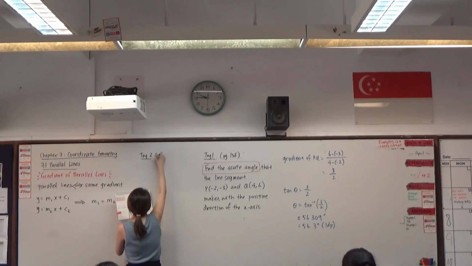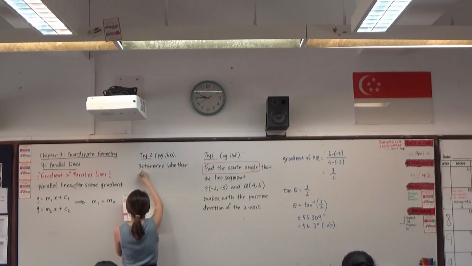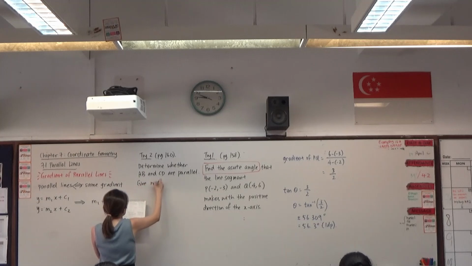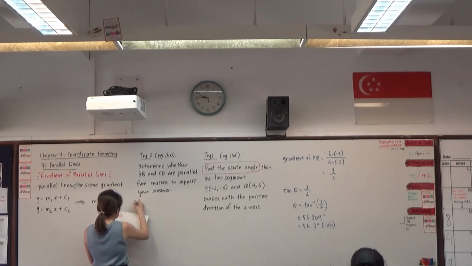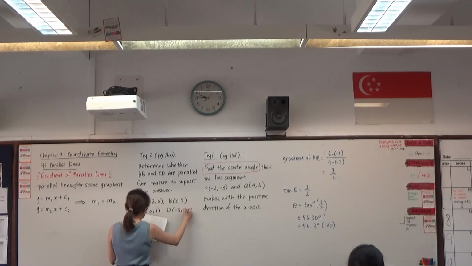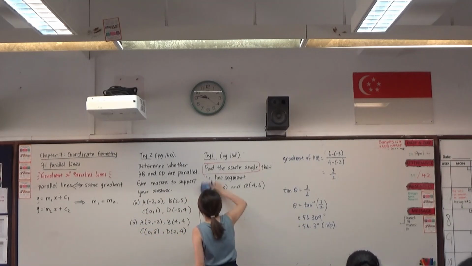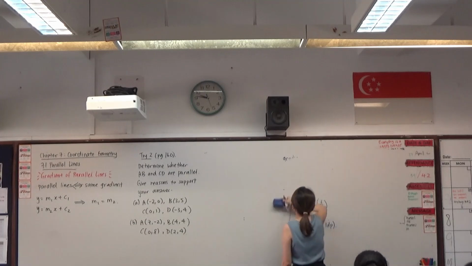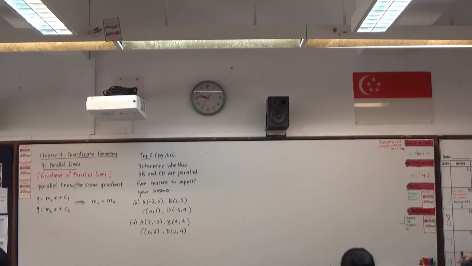So taking a look at try to determine whether AB and CD are parallel, and we want to give reasons to support your answer.